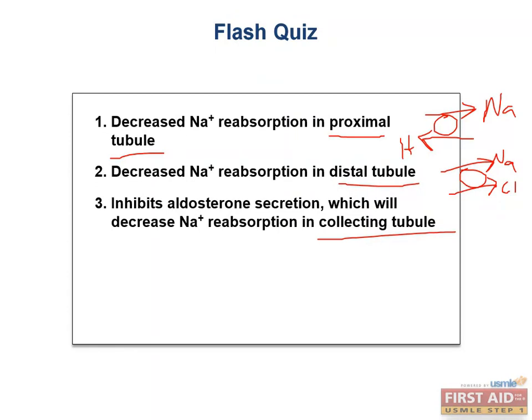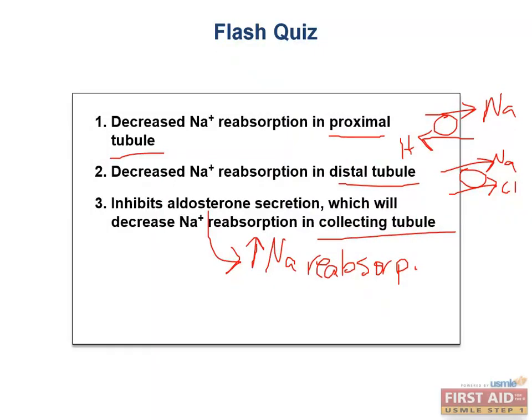And lastly, angiotensin II normally stimulates aldosterone production, which in turn acts in the collecting tubule to reabsorb sodium. So aldosterone activates sodium reabsorption. And with less aldosterone, we're going to have more sodium loss.